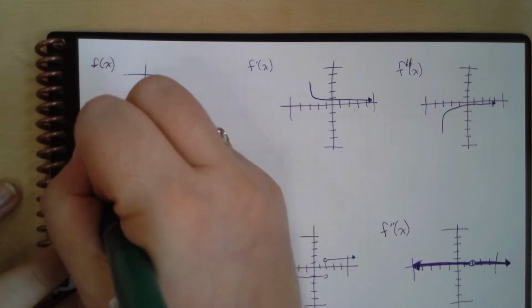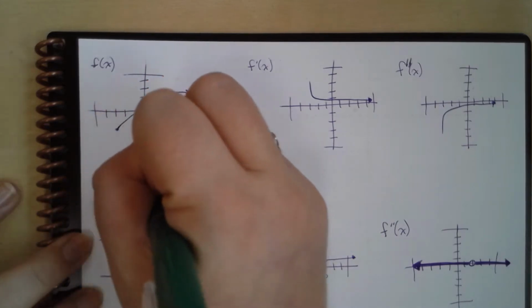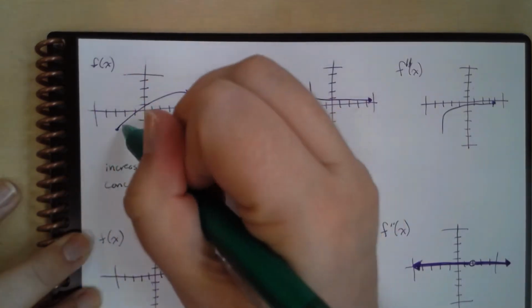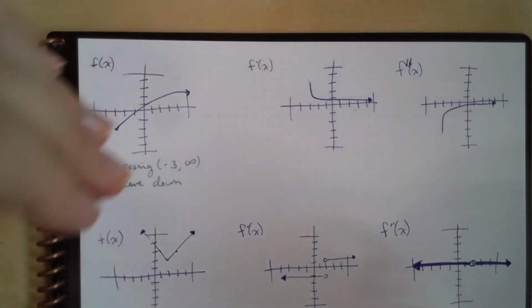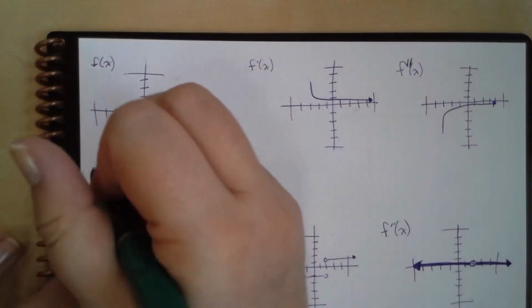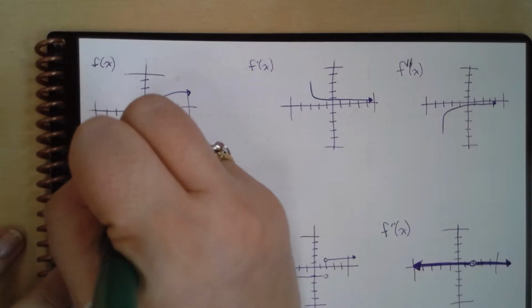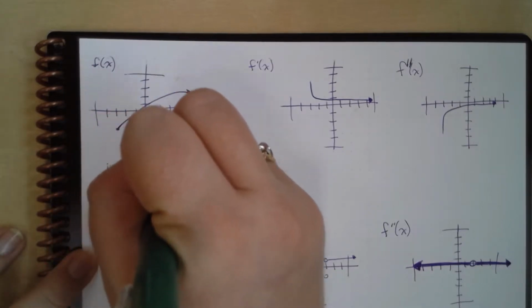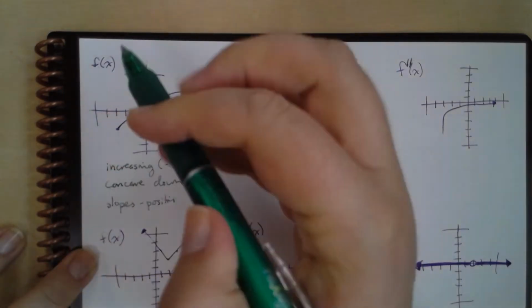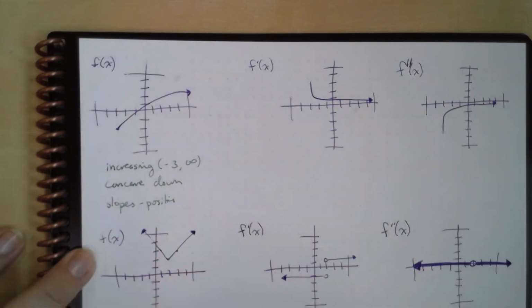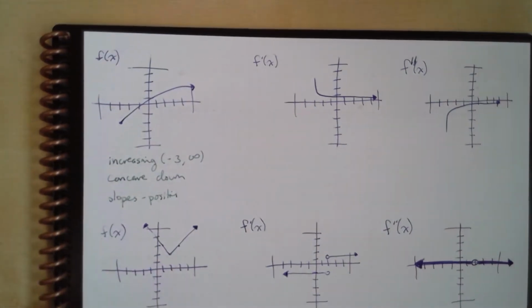It's concave down, which means it's arcing down, right? Concave down, and the slopes are positive. If I was drawing tangent lines along this graph, I would have positive slopes.